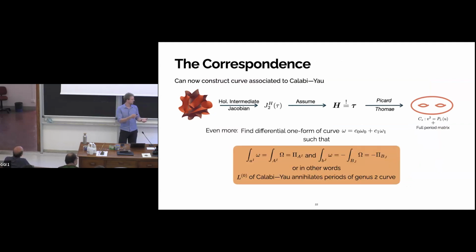And we have done this, and not only do we have a curve, but we are able to explicitly construct a differential one form for this curve, such that this differential one form integrated over cycles defined by the curve gives you the same periods as the Calabi-Yaus did. So really, what we have is differential one forms or periods of a genus 2 curve that are annihilated by the same differential operator as from the Calabi-Yaus side. And this is something we dub a Calabi-Yau curve correspondence.